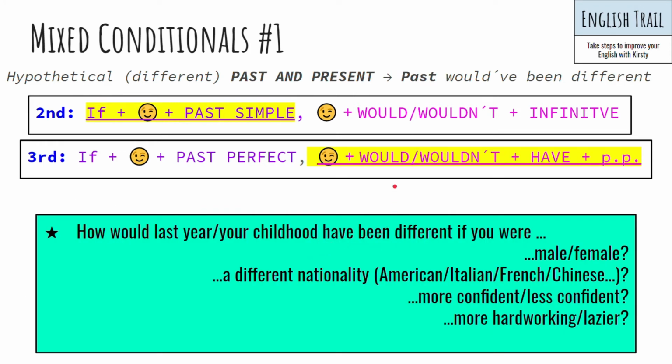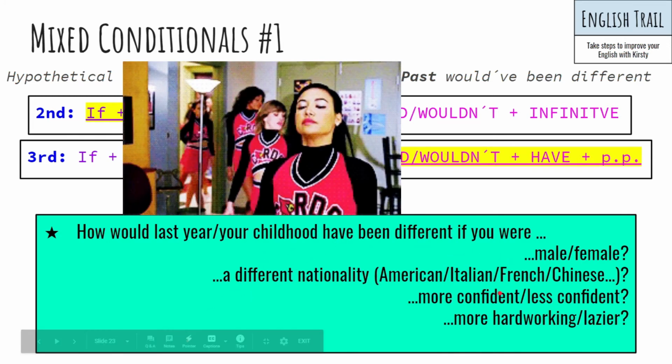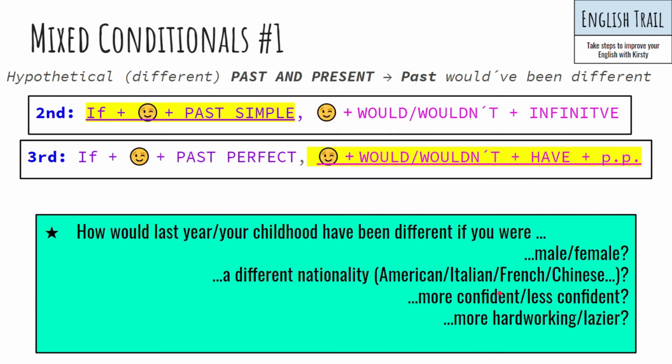So here's some questions to practice. How would last year have been different if you were more confident, for example? Or how would last year have been different if you were less confident? Would you have done something differently?